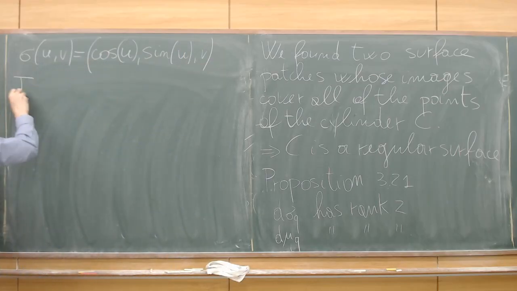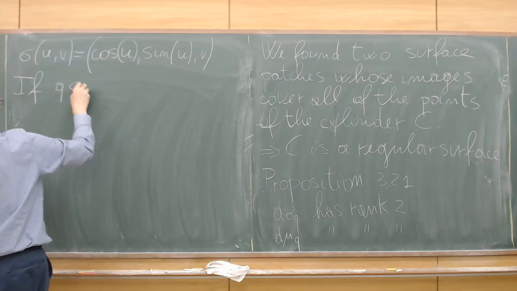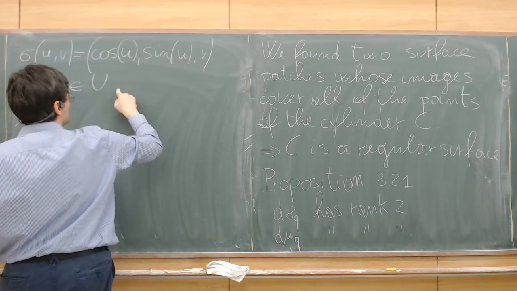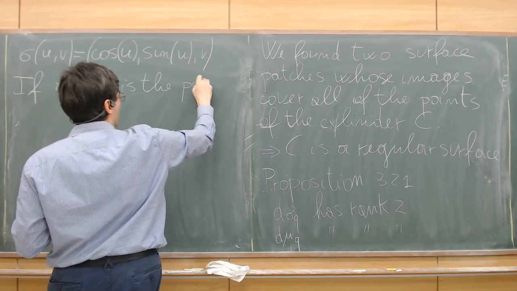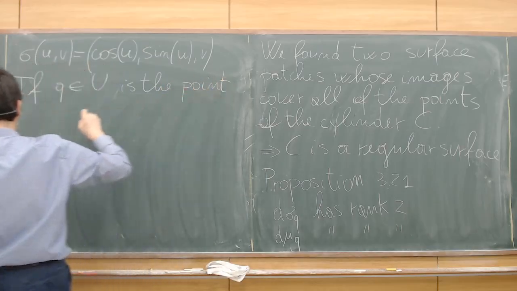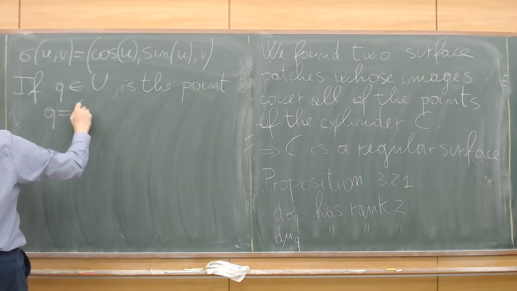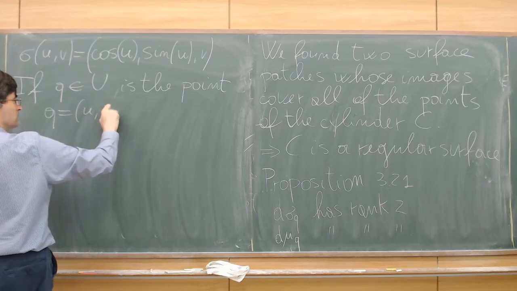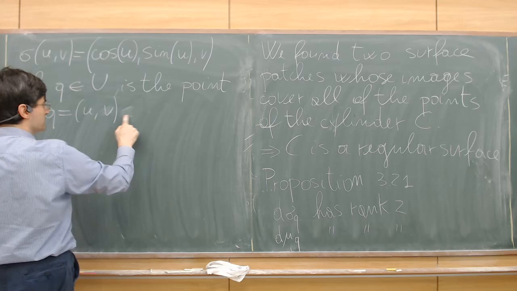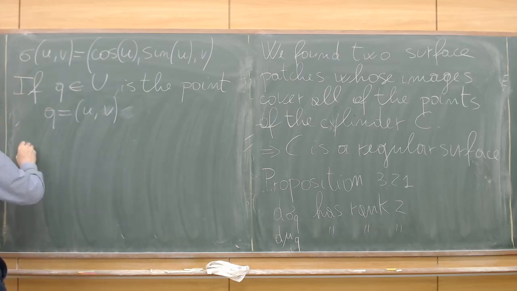Consequently, if q in U is a point of coordinate uv, then what is d sigma q?